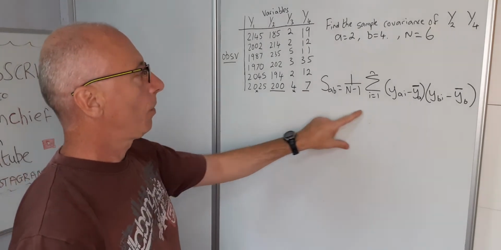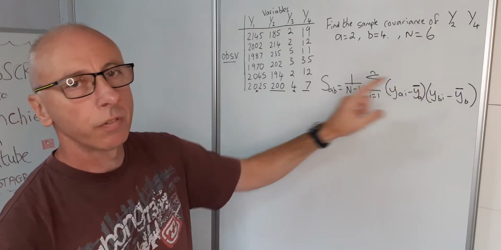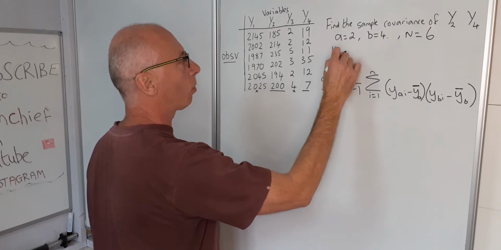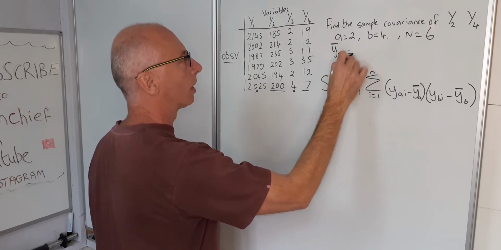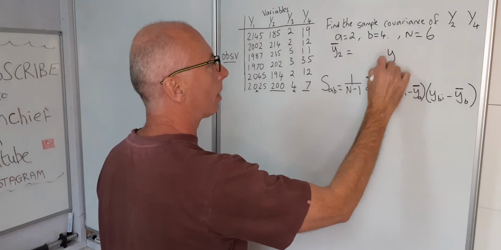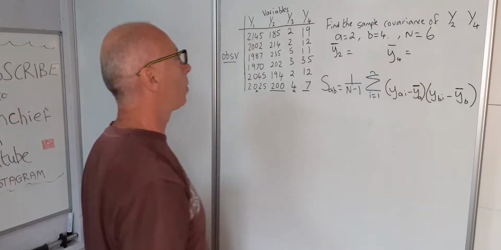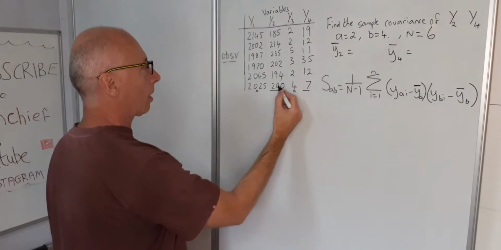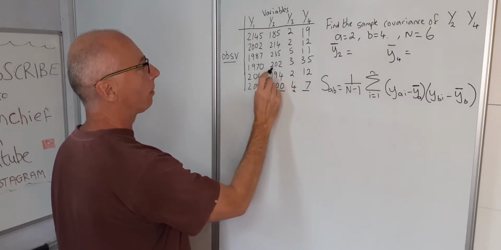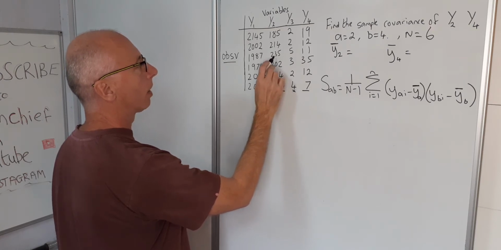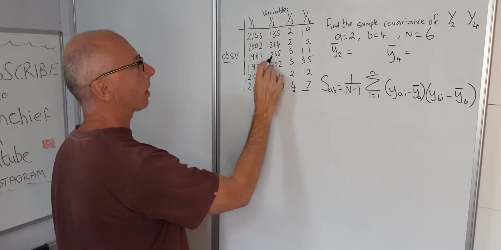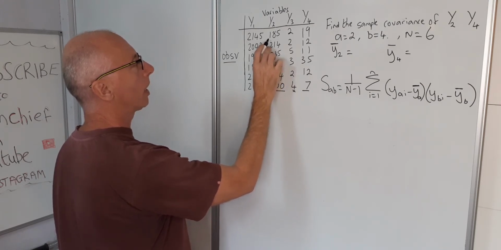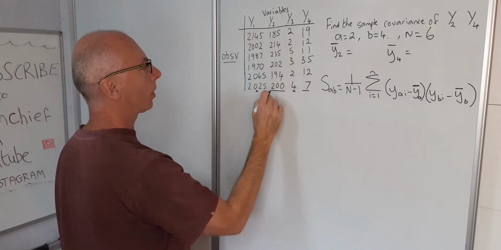First of all, we need to find the mean for each one of these columns. The mean of variable y2 and the mean of variable y4. We'll add all these up: 394, 596, 796, 831, 1045, 1145, 1230.